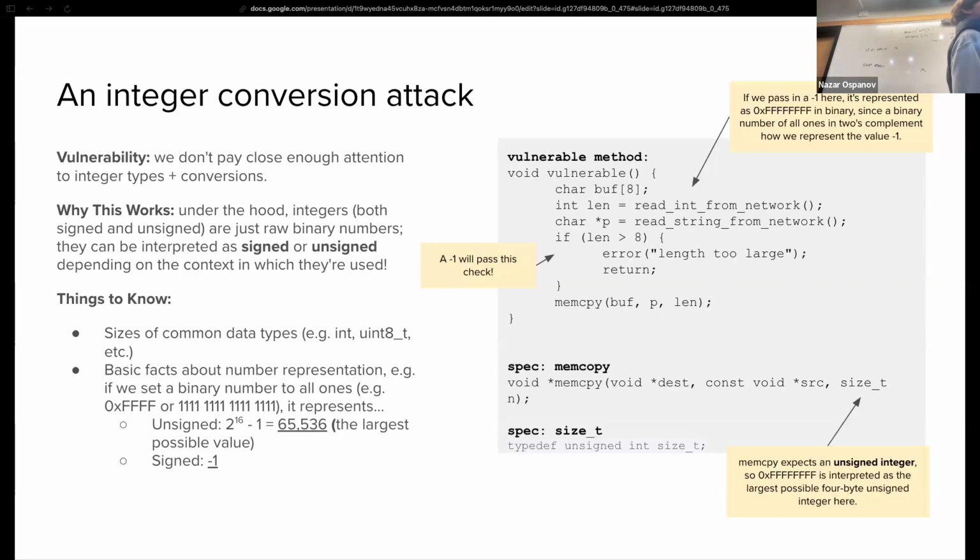That will then be treated as an unsigned integer, so these negative values are not a possibility. That will then be cast to a very large positive number, as you remember from question 2 of the project. So that is the integer conversion attack at a high level, right?